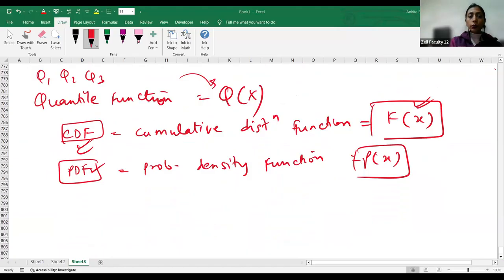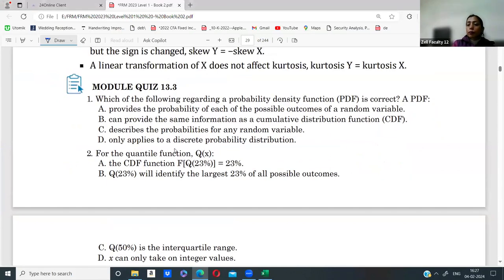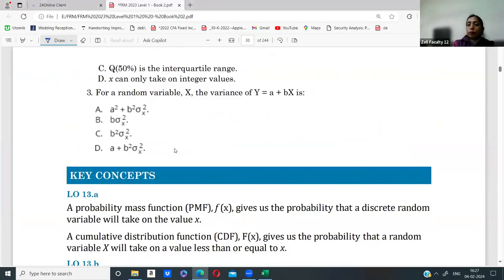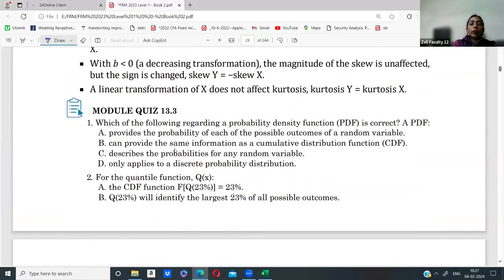Okay, you can see this question here. Which of the following regarding a probability density function is correct?